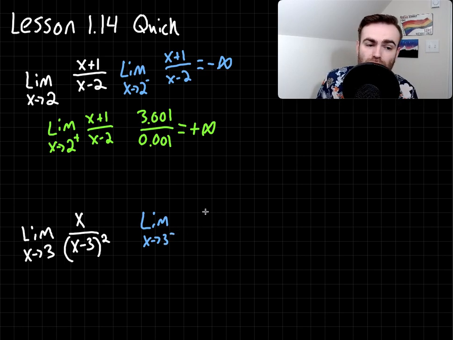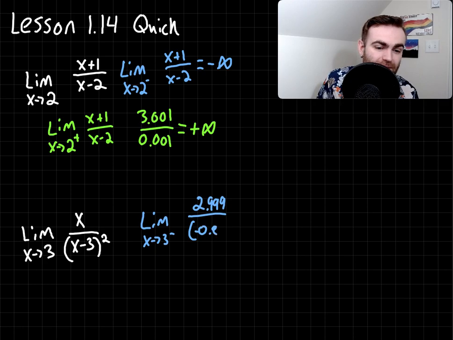And that is essentially 2.999. So let's plug that in. 2.999 minus 3 is negative 0.001, and we're squaring that.